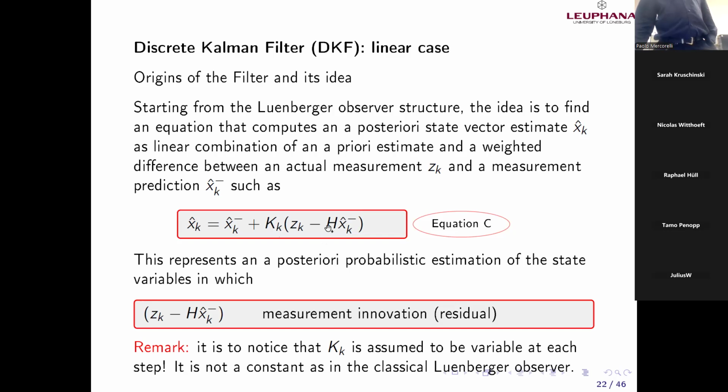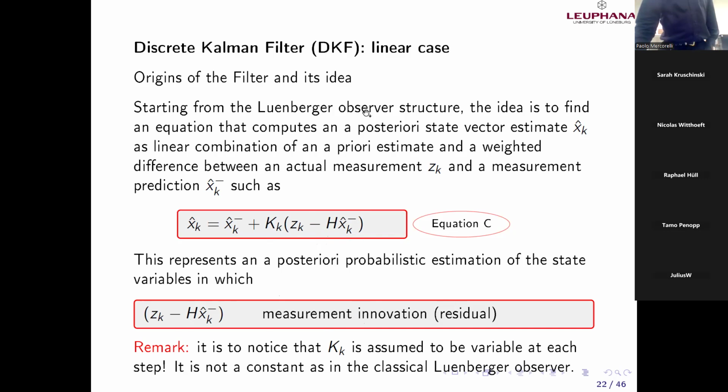It's not the ideal, it's the a priori estimation. This is the innovation. The name is very important because it's the difference between the information which I have from my real system and real measurements, because both have errors: the real system characterized by W, and the real measure characterized by V.